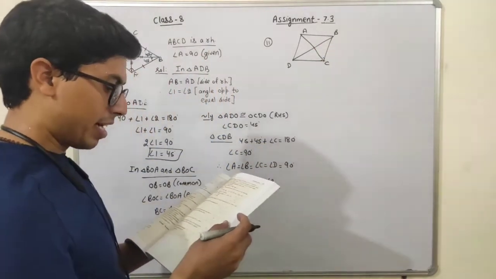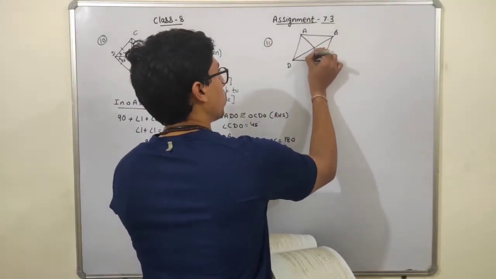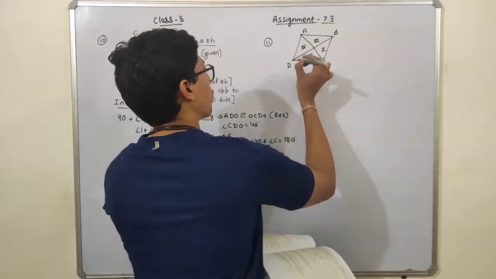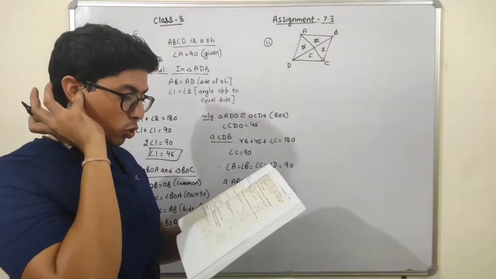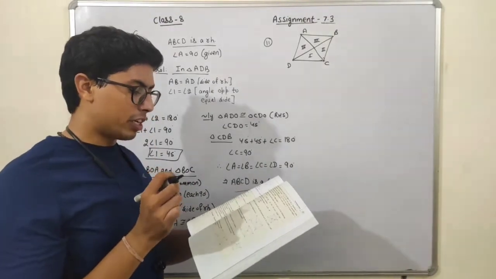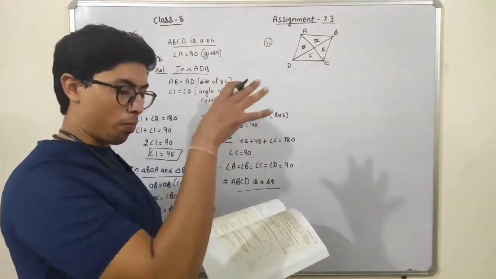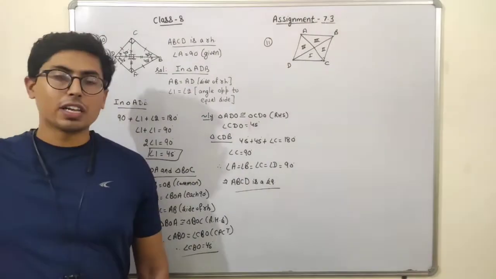And now these triangles are 1, 2, 3 and 4. It is given that the 4 triangles shown in the adjoining figure are formed by the diagonals of a rhombus. I have to prove that these 4 triangles are congruent.